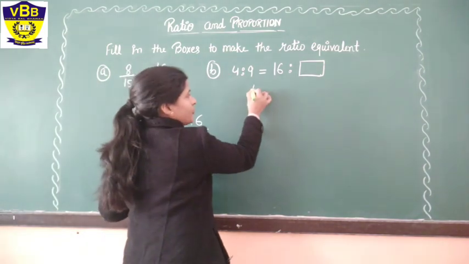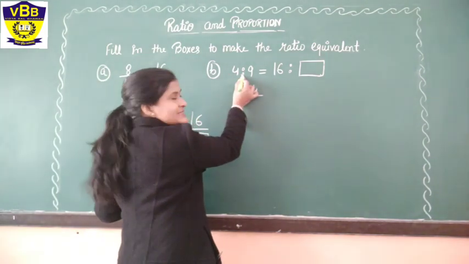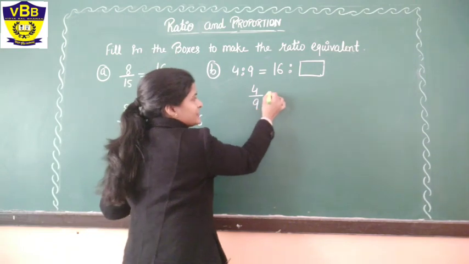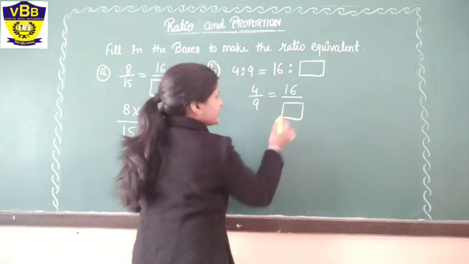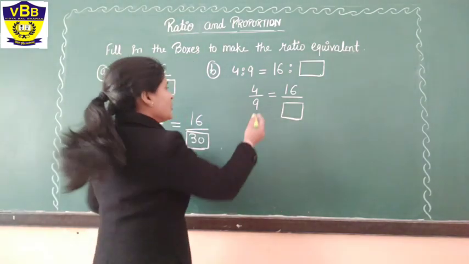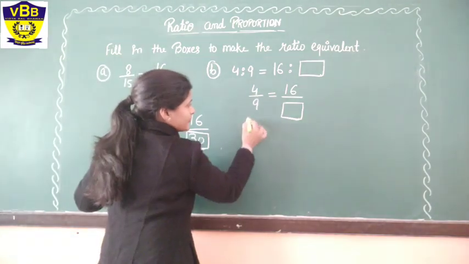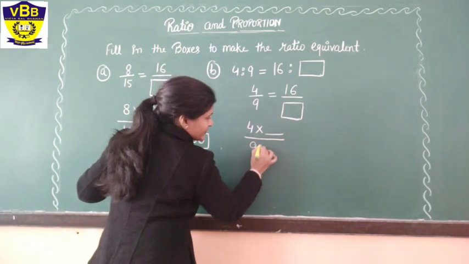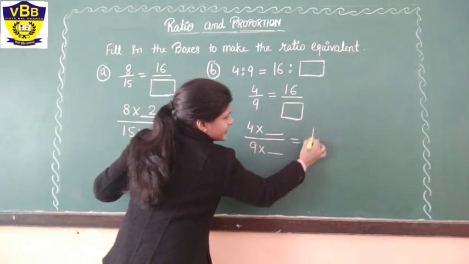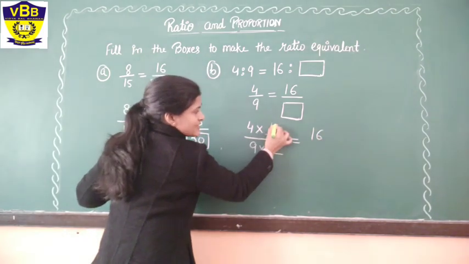B part, 4 by 9 is equal to 16 by what number, so that they become equivalent. So what should you do? 4 is multiplied by which number so that we get 16? 4 fours are 16.